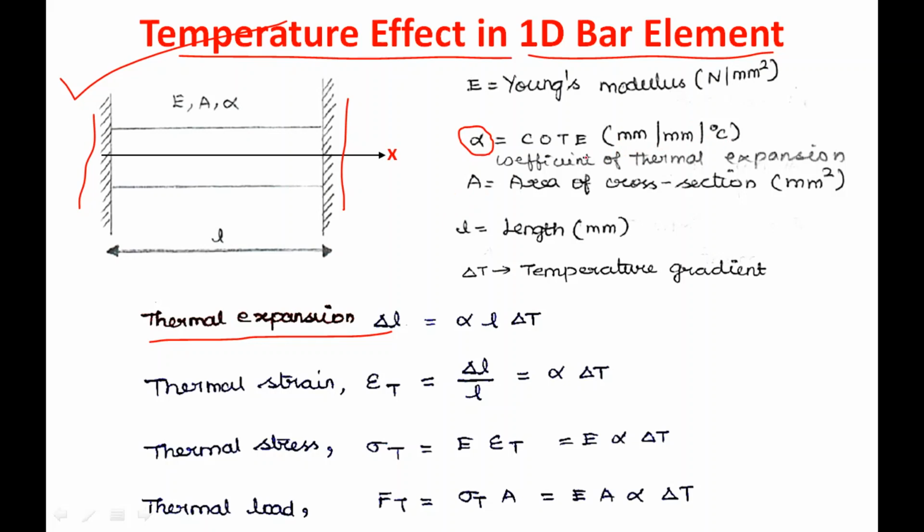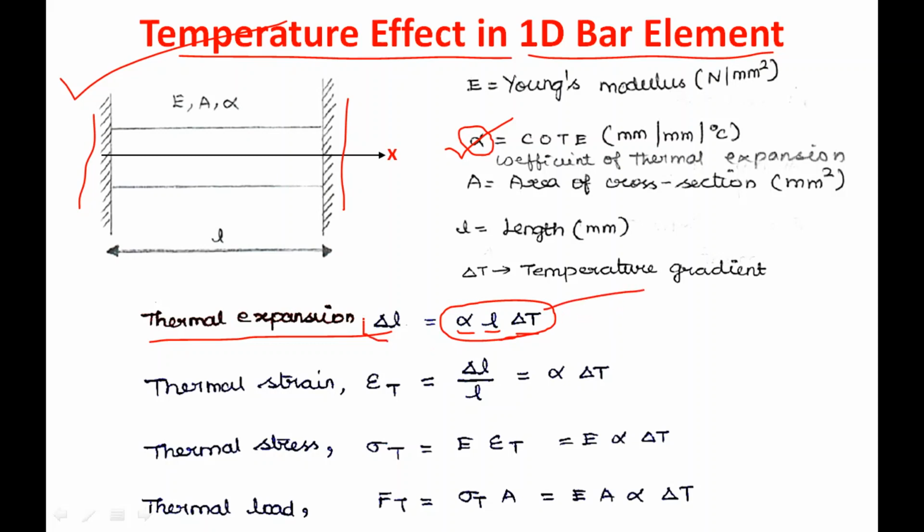That means expansion of the material for 1 mm length for 1 degree Celsius of temperature rise. That is the definition for the coefficient of thermal expansion. If you know the alpha value for that particular material, then alpha multiplied with the length of the bar and the temperature change will give you the total expansion of the bar due to this temperature change del T.